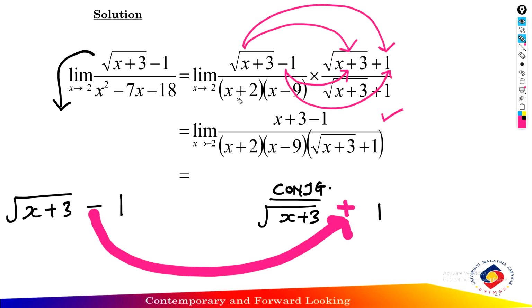And factorize the denominator of the function: (x plus 2) times (x minus 9) times (square root of (x plus 3) plus 1).